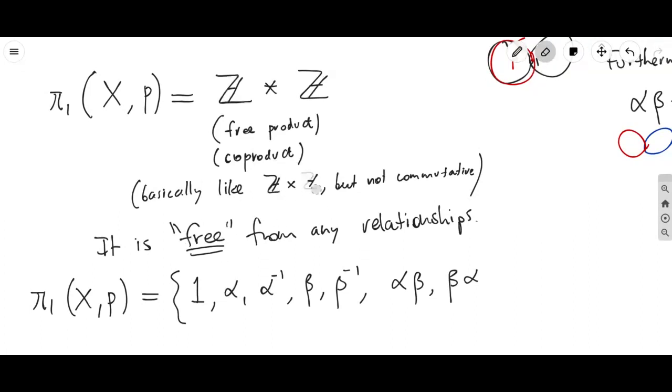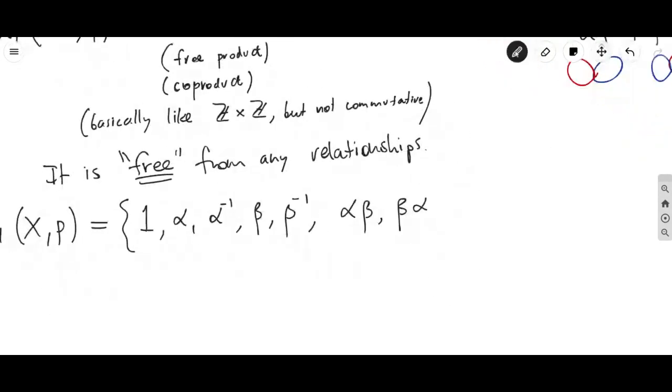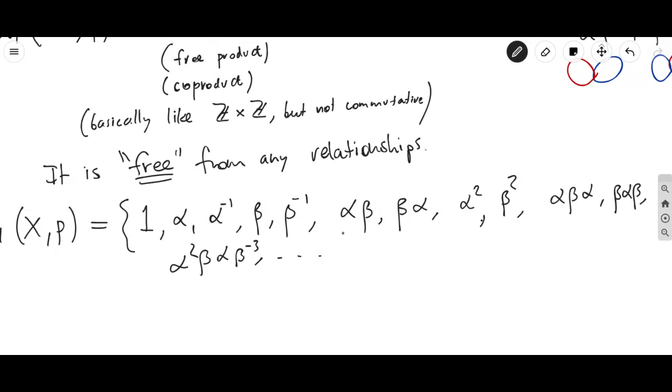So you're kind of taking two copies of Z, but it's free from any relationship. So you have to treat these as different. And then you have alpha squared, beta squared. Then you can have alpha beta beta, and so on. You can have alpha squared beta to the -3, and so on. All of these are different.